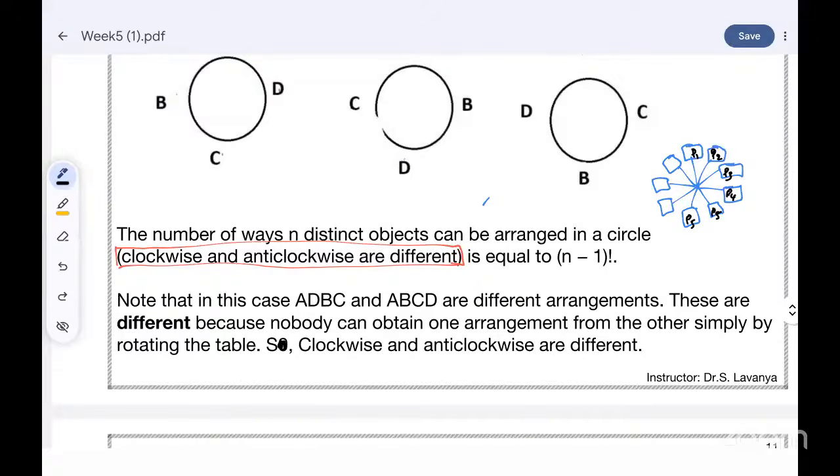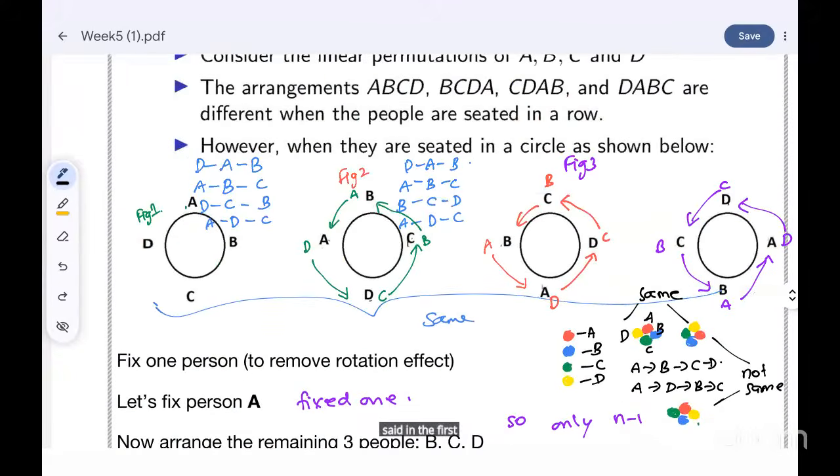Right? So now, when this entire thing rotates, are the people's positions changing, or are they sitting in the same positions? Same position. Yeah. So that is what we said in the first part, right?